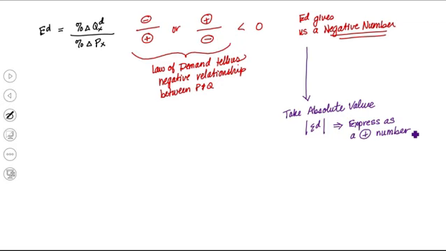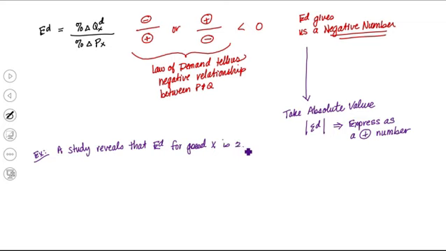So let's say that a study reveals that the elasticity of demand for good X is 2. Keep it simple.